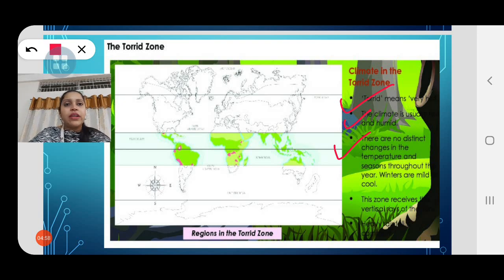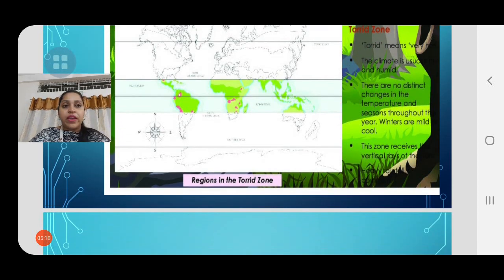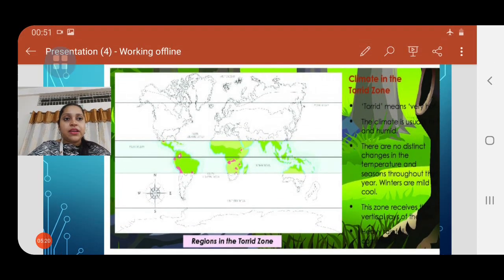It mostly remains hot, and winters, when they are there, are mild, not very cold, just a little cool. And the last point is that this zone receives the vertical rays of the sun. We all know, we have studied in the last chapter, that the equator receives the vertical rays of the sun.